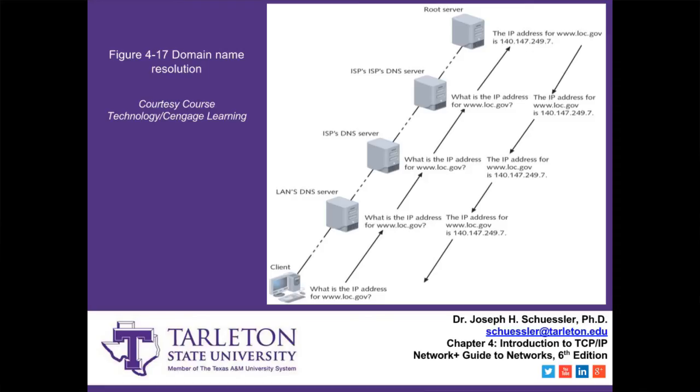As far as the components of DNS, you've got resolvers, name servers, and namespace. Resolvers are any host on the internet that needs to look up a domain. So your client, in a lot of cases, is going to be a resolver. We need to resolve this particular domain name into an IP address so that our packet can get to where it needs to get to. We've got a name server.